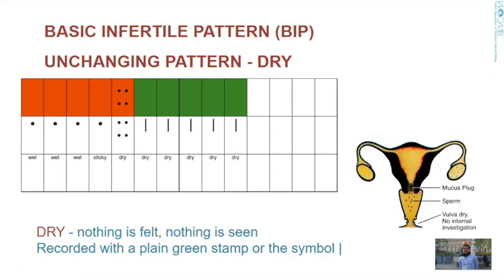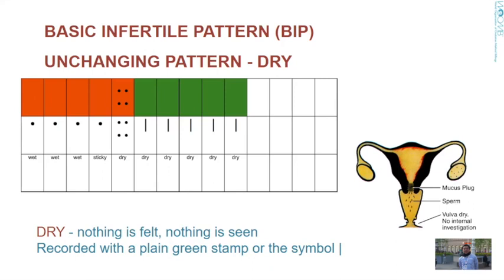So even though there is spotting, it is no longer part of the menstrual bleeding. It is dry by sensation, spotting. It is considered to be a BIP or the basic infertile pattern of dry.